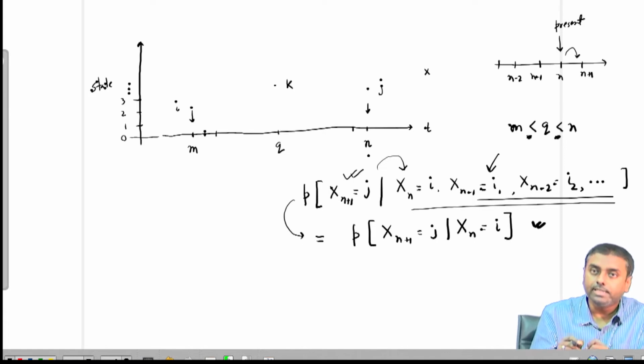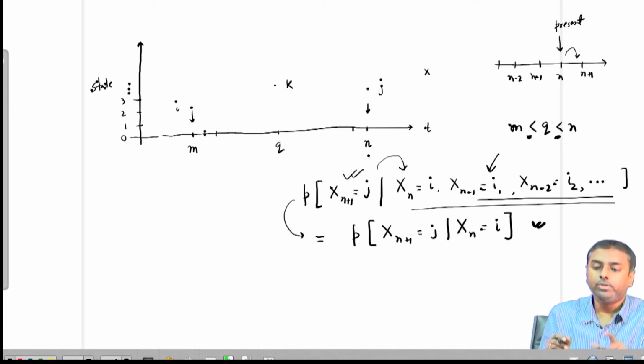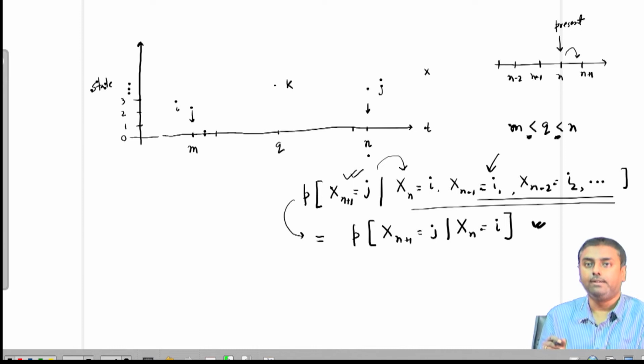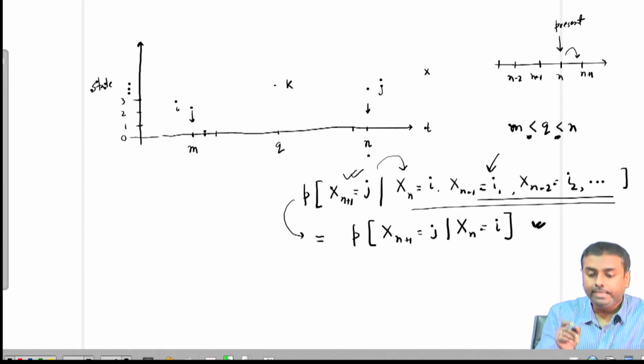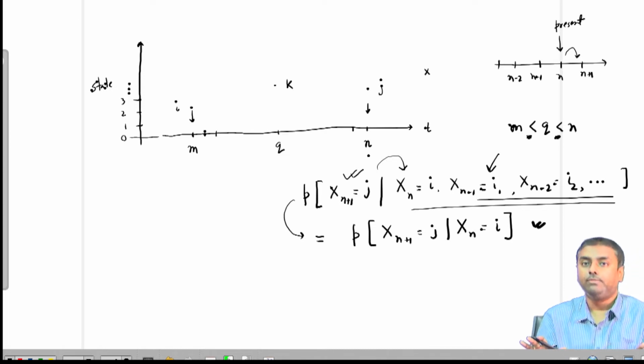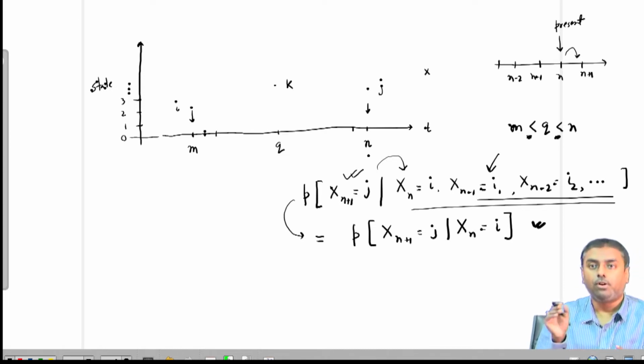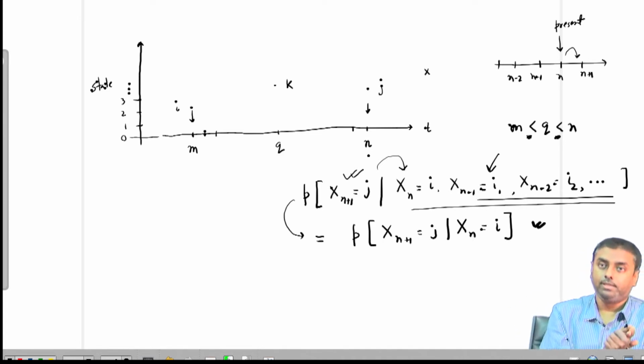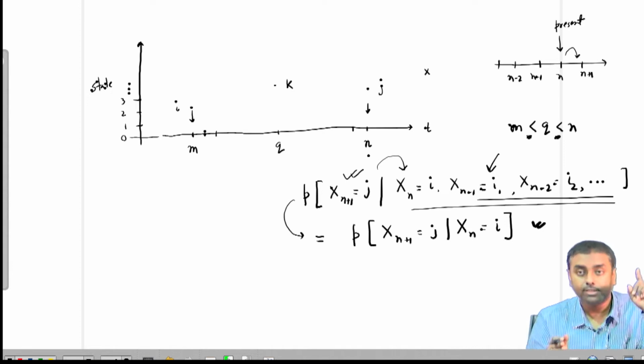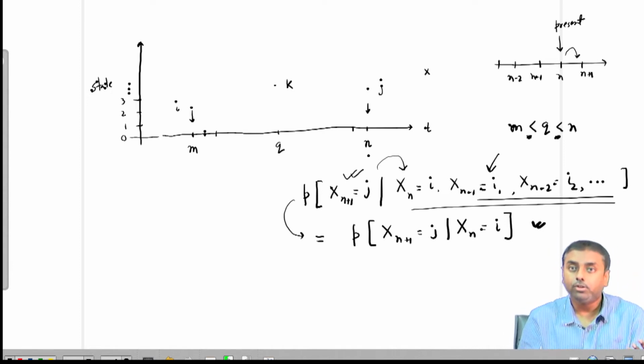Wherever this condition is true, only then will I be able to do whatever analysis we are deriving so far. If this condition fails, remember, all this theory will fail. We cannot apply the theory we are developing to any process which is not Markovian. So you have to be very careful about which process you are analyzing. Is that process Markovian? That is the first thing you will have to ask. Is it a Markovian process?